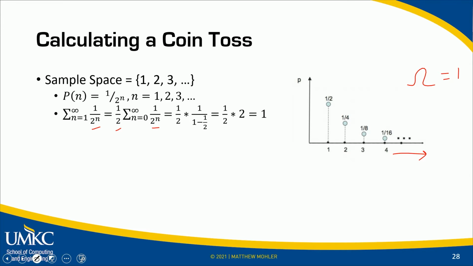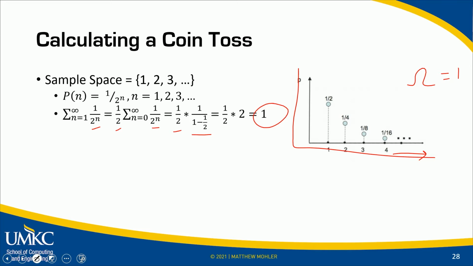So in this case, we end up with 1/2 times 1 over 1 minus 1/2. Now, simplifying that out, that becomes 1/2 times 2, which we can say absolutely does equal 1, which means that this distribution here is a valid sample space because it does sum to 1 over all values of n.